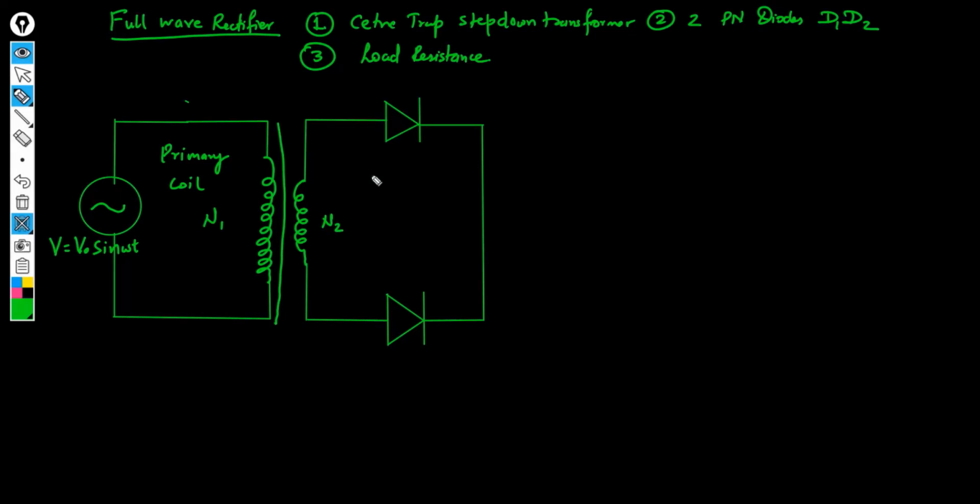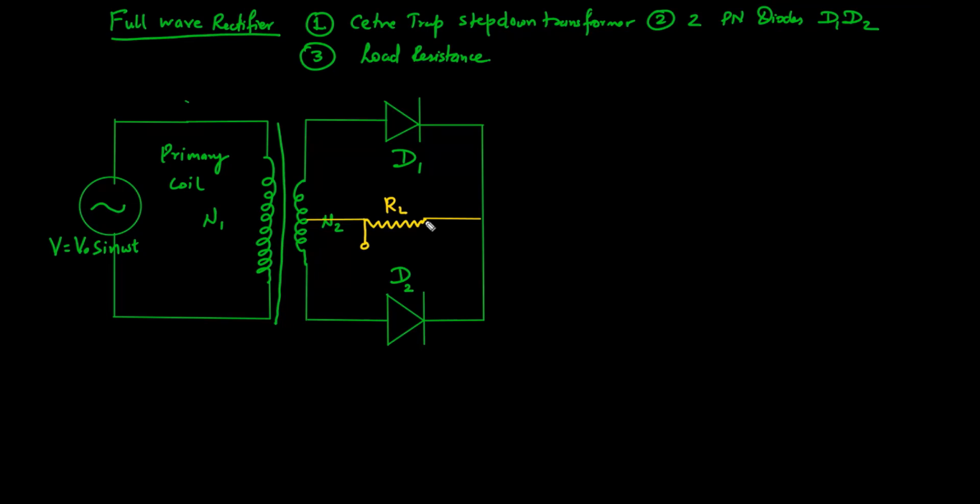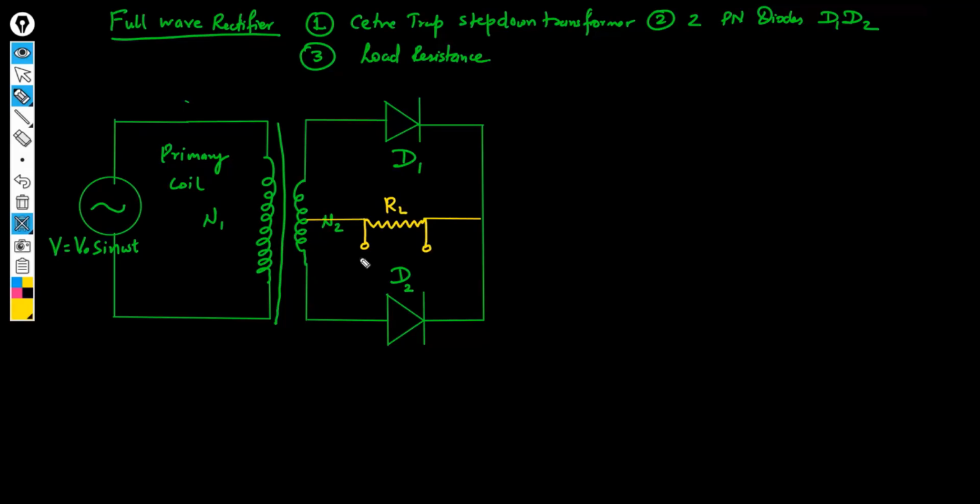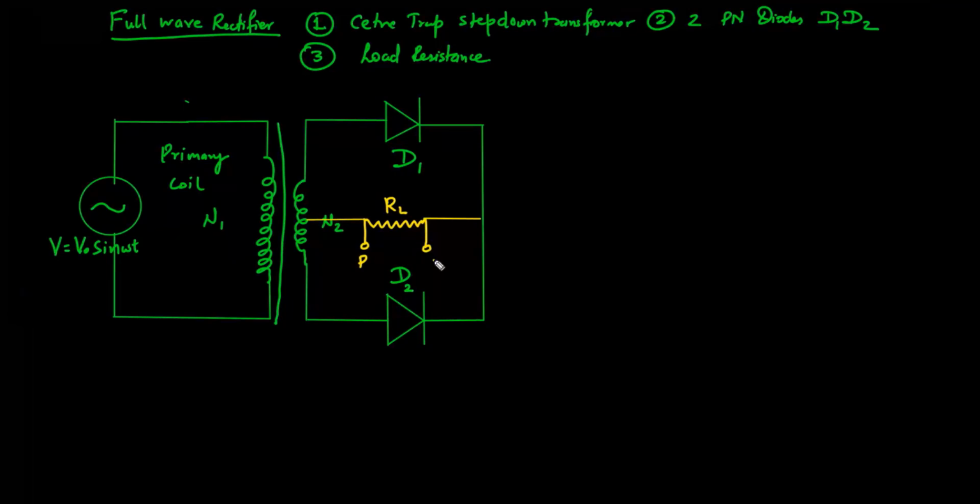Over here in the secondary coil, two diodes are connected parallel to each other along with a load resistance. This load resistance is connected to the center tap of the transformer. This is the load resistance RL. It means whatever output we are getting, the output will be across the ends of this load resistance. Let's say these points are P and Q.